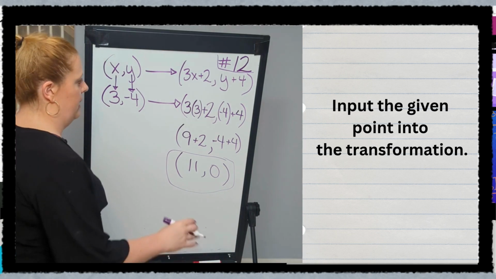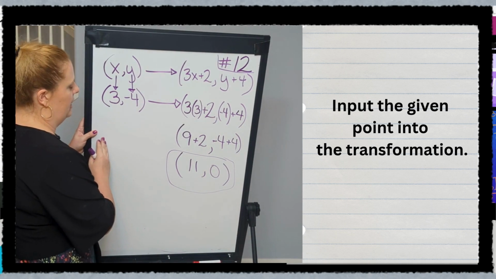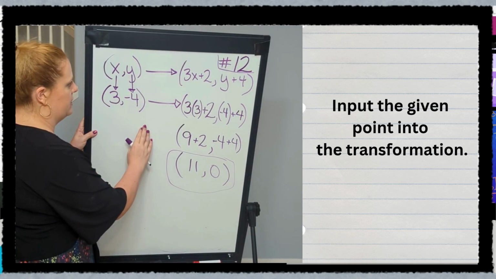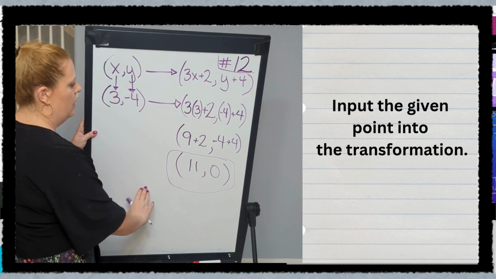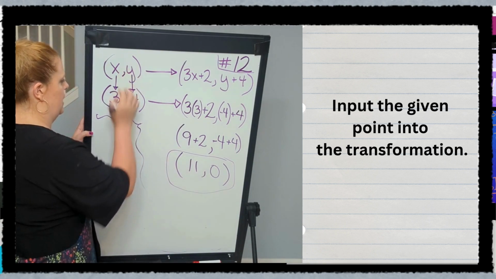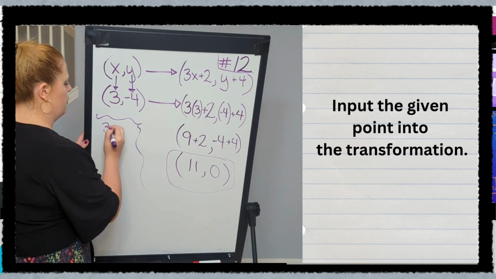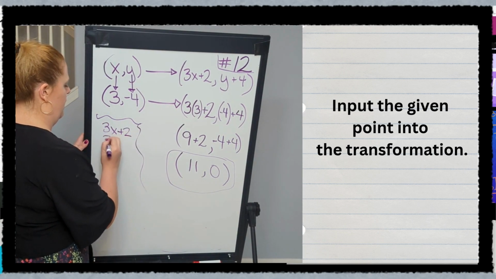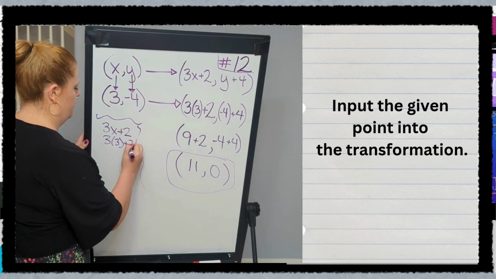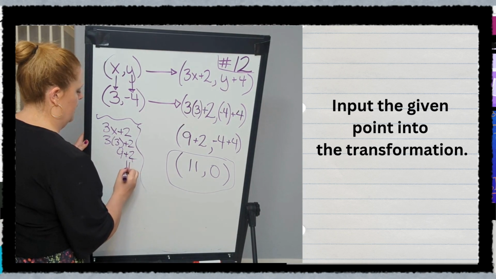If you don't like squishing this all together, you could come to the side and just do your x and then do your y down here. So if that works better for you, you could say, all right, we're going to just work with the x. So instead of 3x plus 2, I have 3 times 3 plus 2, which is 11.